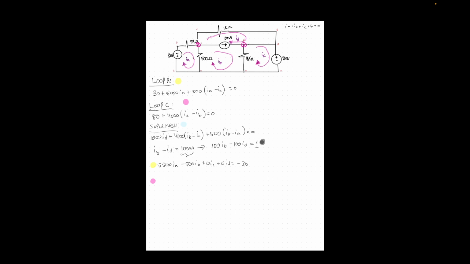All right, let's continue. So for this pink section, I should end up getting 0 IA minus 4,000 IB plus 4,000 IC plus 0 ID, and that's going to equal to negative 80.